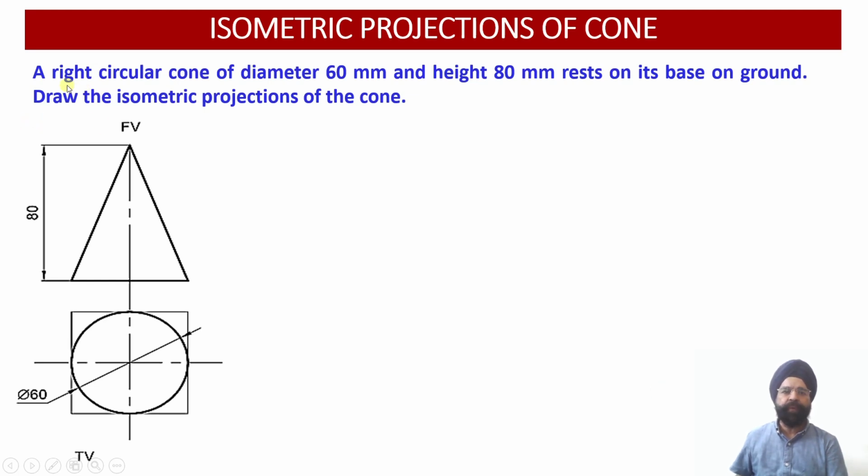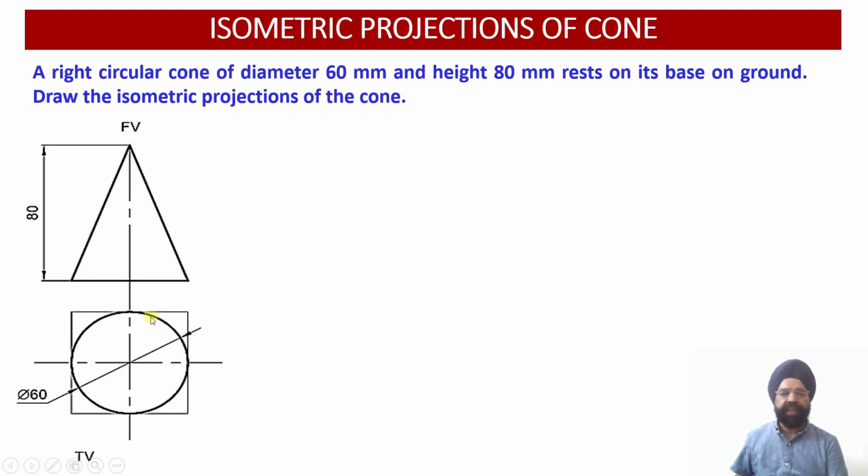So here we have been provided with a right regular cone of diameter 60 millimeter and height 80 millimeter resting on its base on the ground, and we are required to draw the isometric projections of the cone. In the top view we can get the true shape of the base on the horizontal plane.